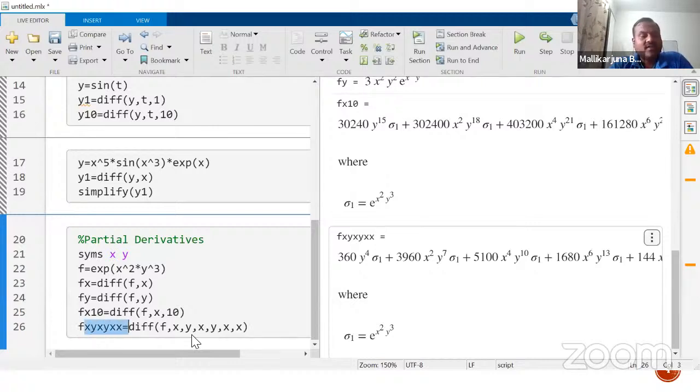Just define what the order is, and accordingly you can find this. First you differentiate with respect to x, then y, again x, again y, again x, x like that. This is called partial derivative.